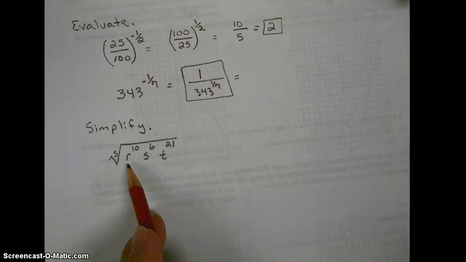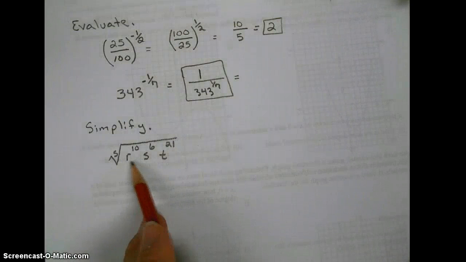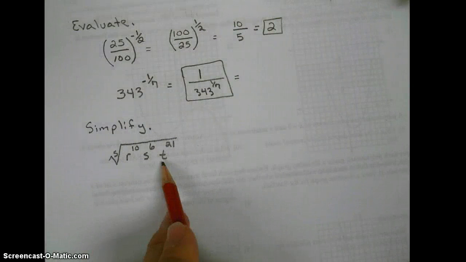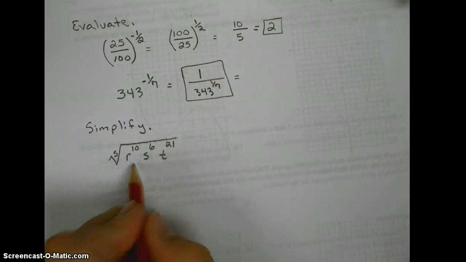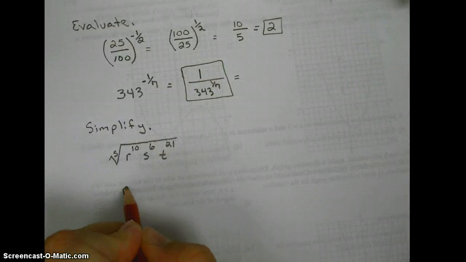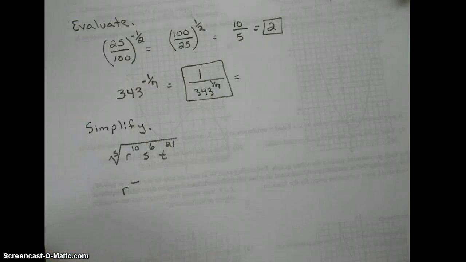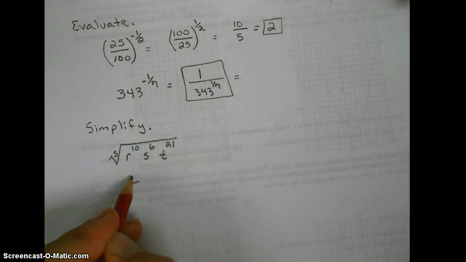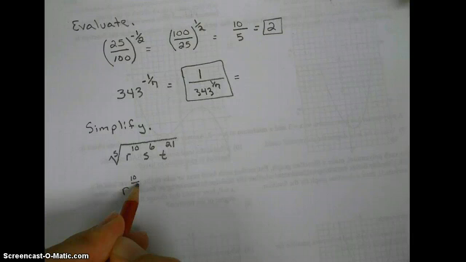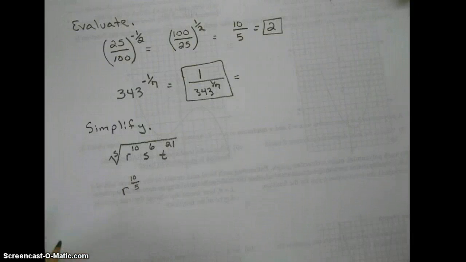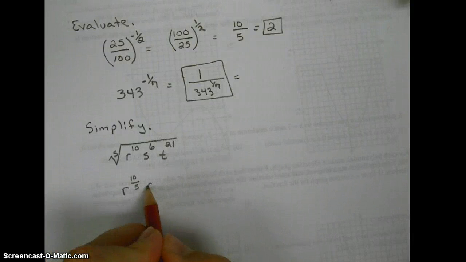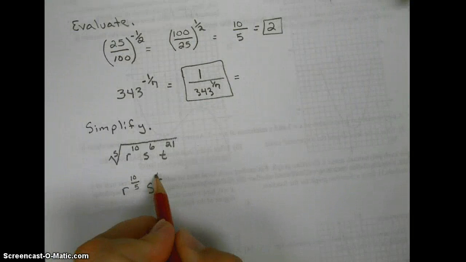Okay, simplify. So what we're going to do here is we're going to change this to rational exponents. So we get r, okay, what's the power? 10. The root? 5. Okay, s, the power? Correct.